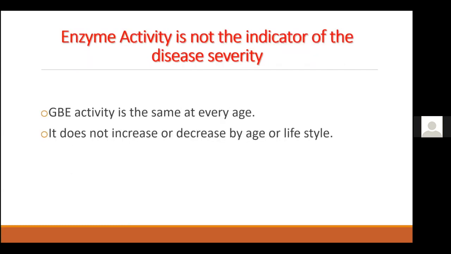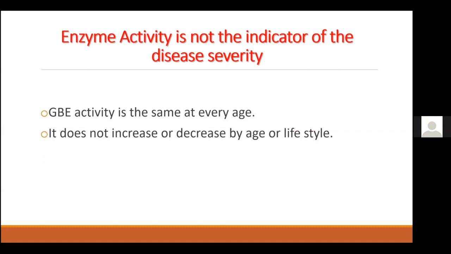Now, checking the enzyme activity from the embryo until the adult showed us that enzyme activity stays the same from birth to 50 or 60 years of age. So it doesn't change, and it doesn't change with the severity of the disease. Although disease occurs after 40 or 50 years of age, enzyme activity is still the same.